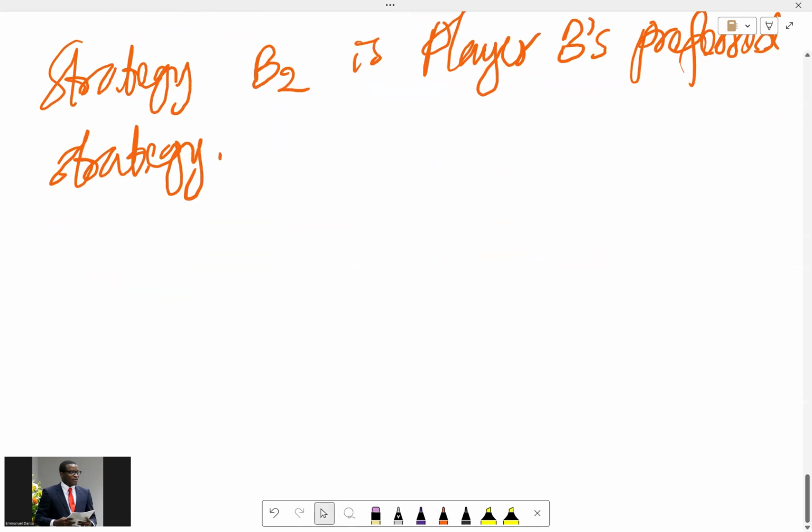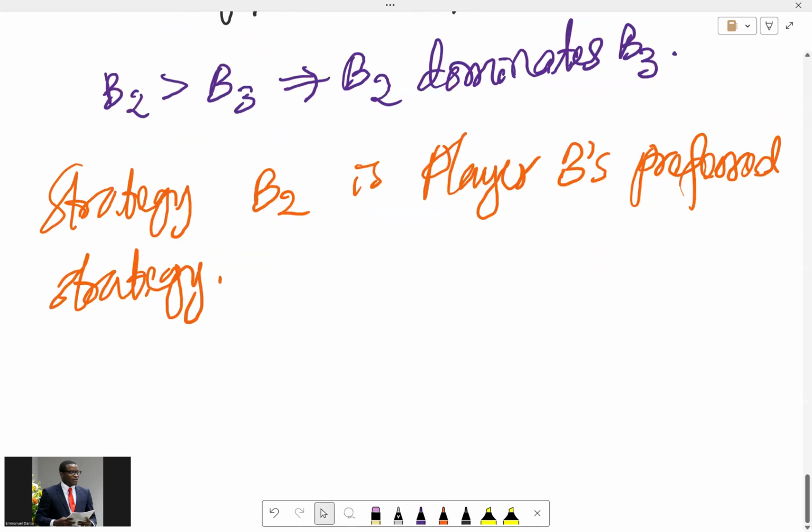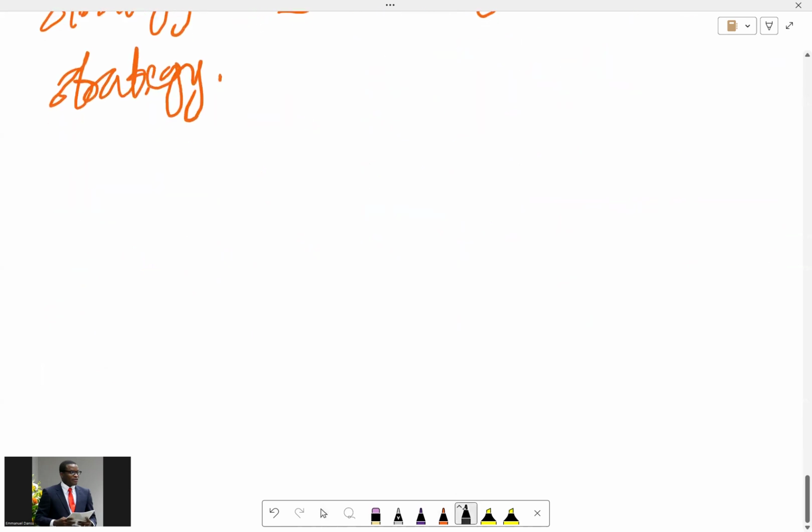Now we can go for the Nash equilibrium. That's the final showdown. Nash equilibrium.